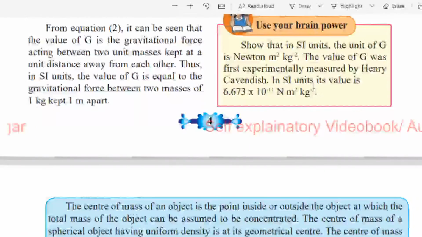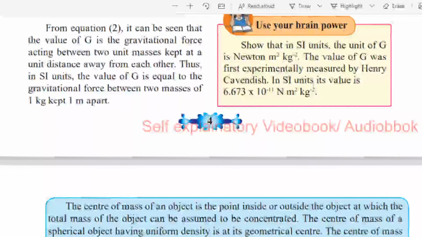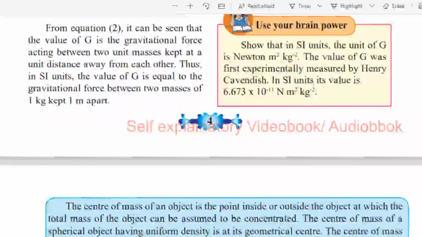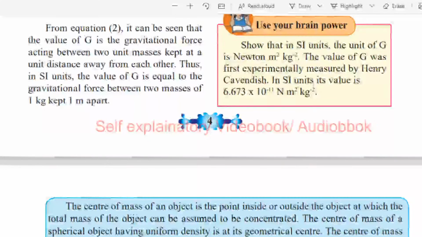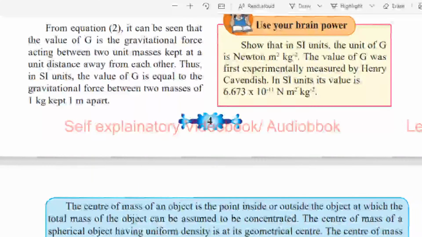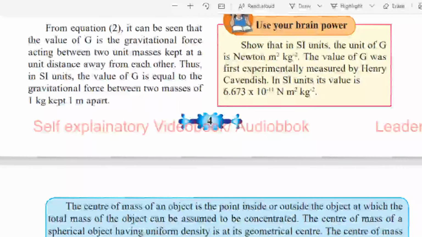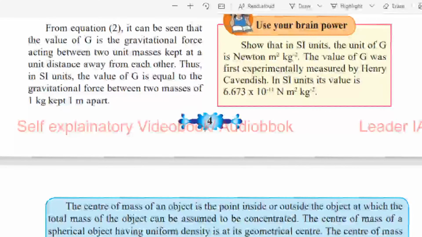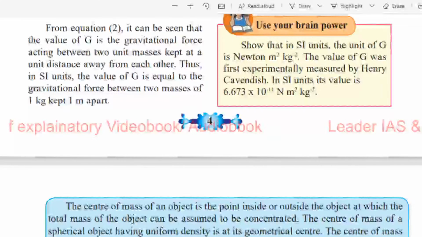From equation 2, it can be seen that the value of capital G is the gravitational force acting between two unit masses kept at a unit distance away from each other. Thus, in SI units, the value of G is equal to the gravitational force between two masses of 1 kg kept 1 meter apart. In box, use your brain power.